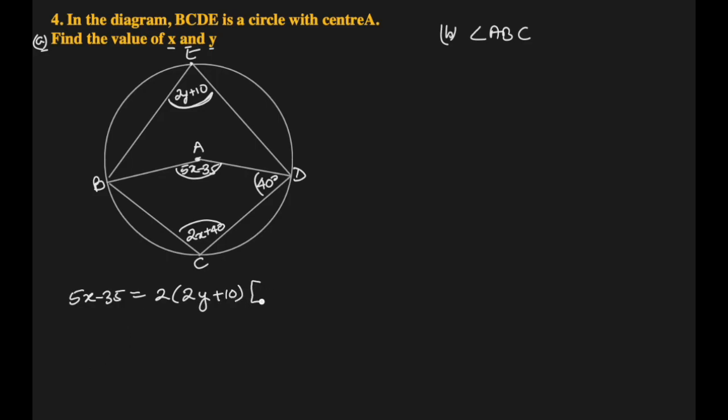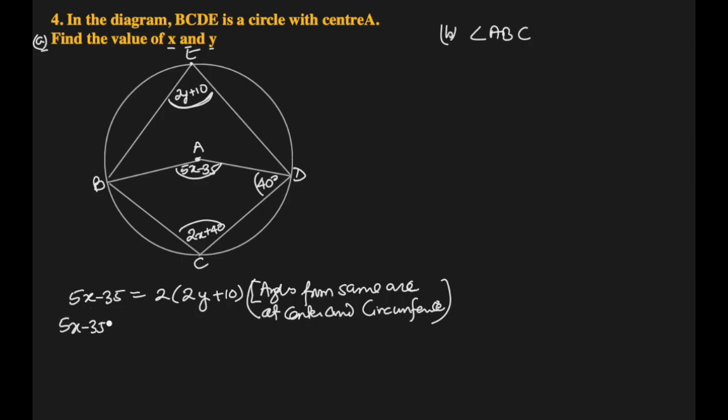And the reason we'll give here: angle from the same arc at center and circumference. Now we'll get an equation out of this. 5x minus 35 equals 4y plus 20. So it becomes 5x minus 4y equals, this 35 will come here, 55. This is equation number 1.